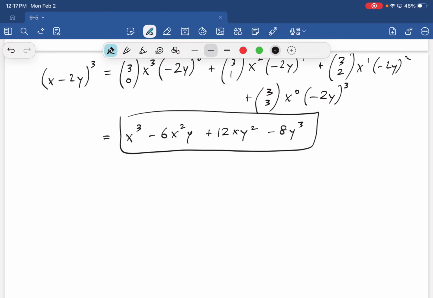I think I understand how to expand it, but then multiply it. Why for 1? Choose 2.